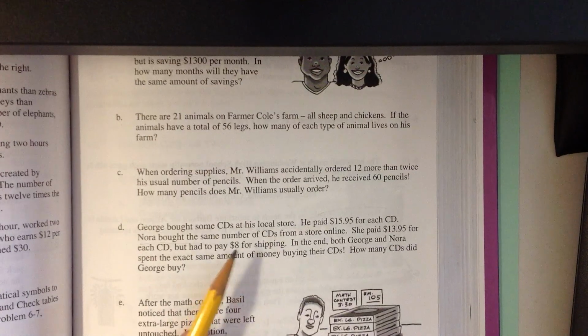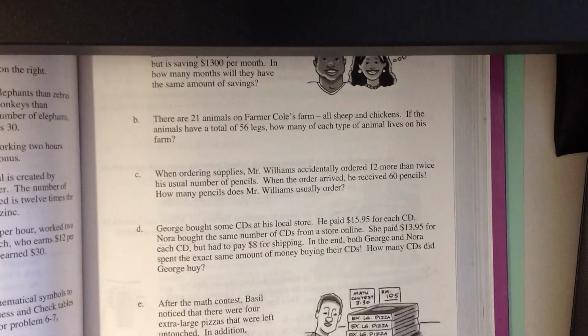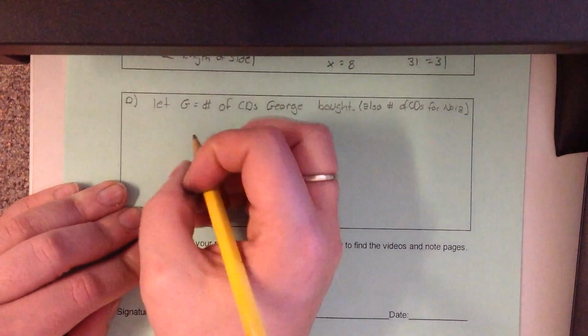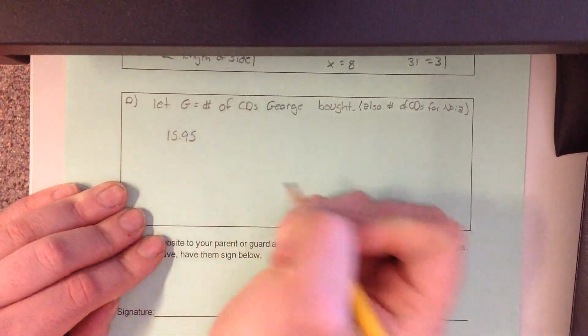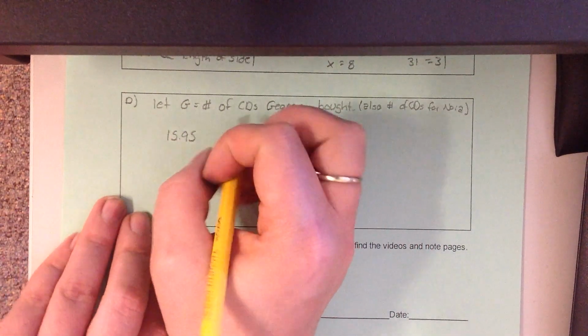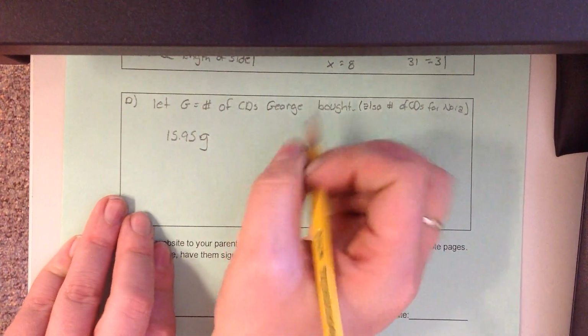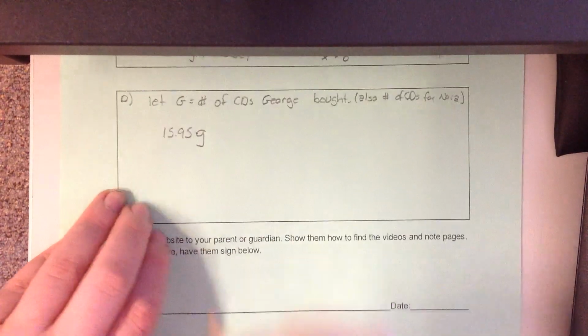So George is spending $15.95 per CD, but he doesn't have to pay for any shipping. So George is paying $15.95 for each CD he buys, so $15.95 times G, or $15.95G. That's the cost that George ends up spending.